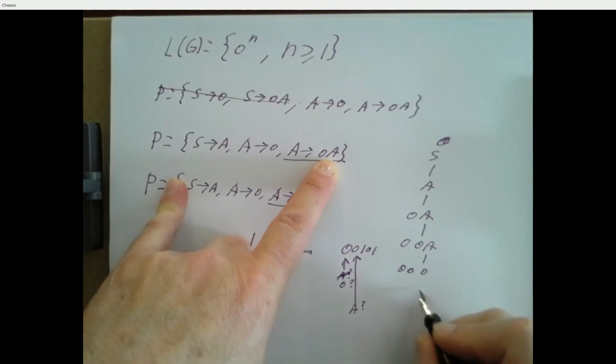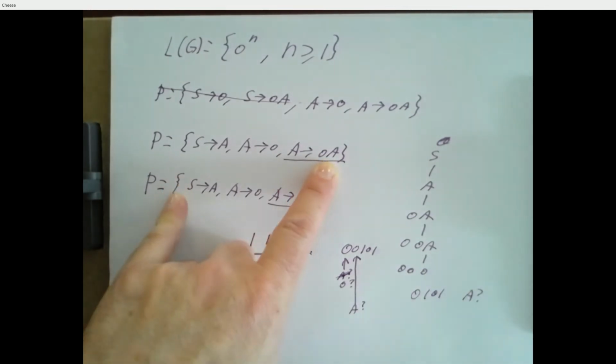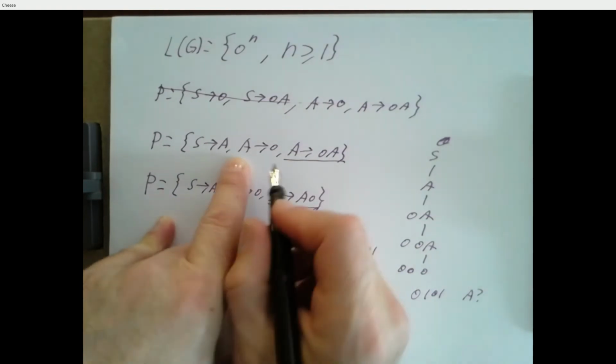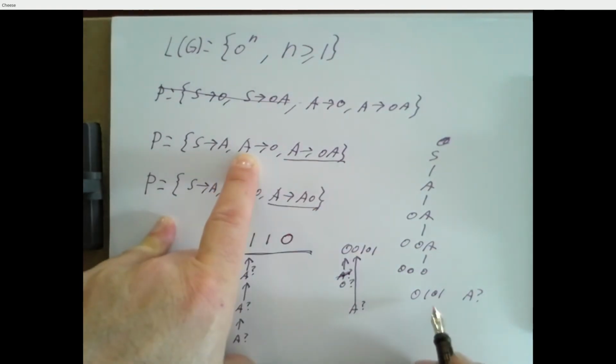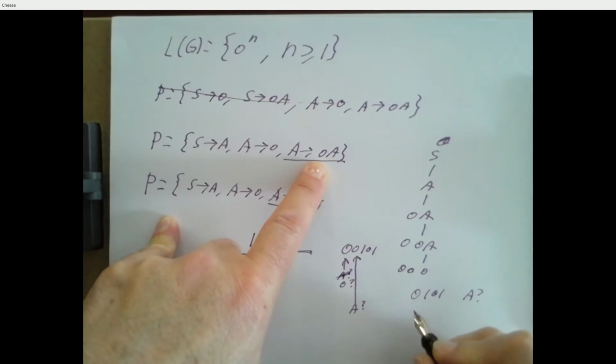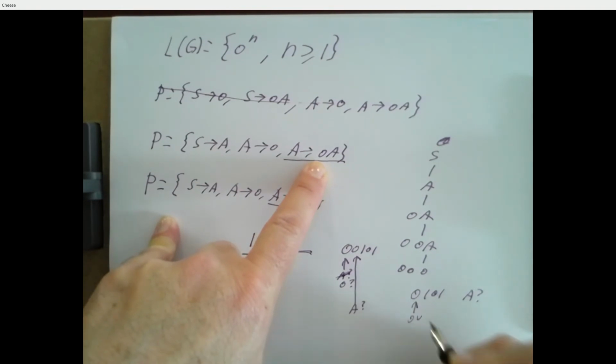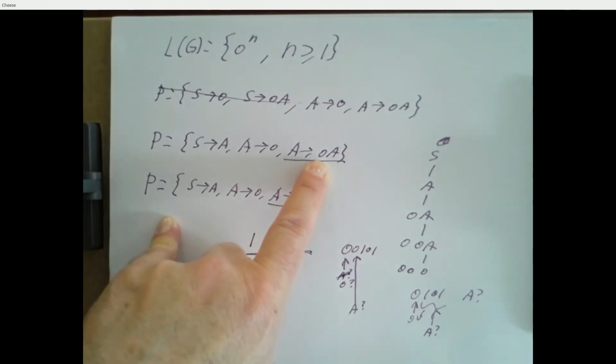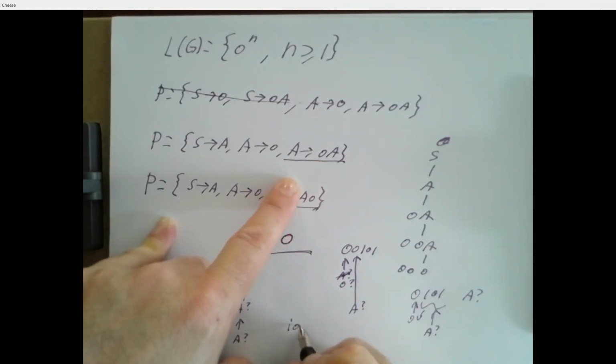We're asking, is 0101 an A? Right? And it's not a 0, it's bigger than that, but it could be a 0 followed by an A. Well, this is a 0. So now our question is, is this an A? And we're asking a simpler question now, is 101 an A?